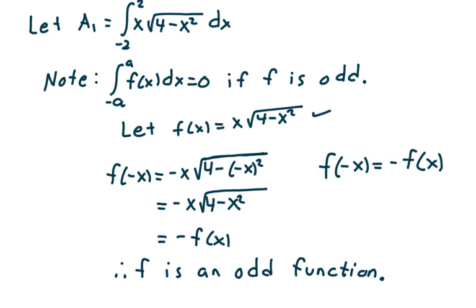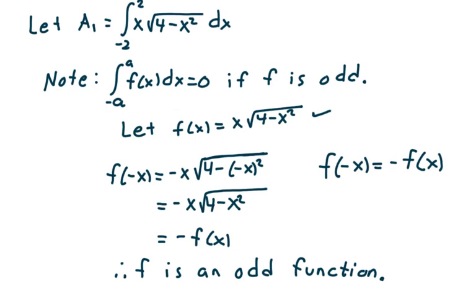And then what I did was looked at f of -x. So wherever I saw an x, I replaced it with -x. And so I got -x times the square root of 4 minus (-x) squared. But that can be written as -x times the square root of 4 minus x squared.